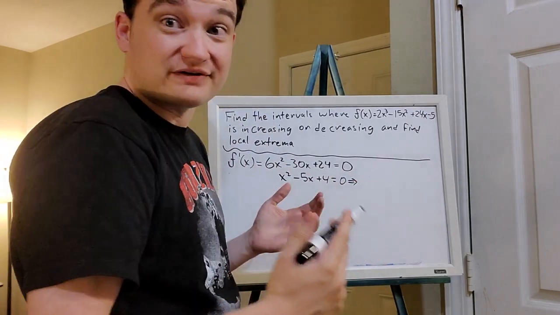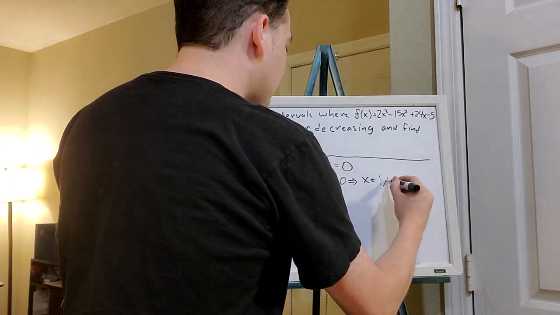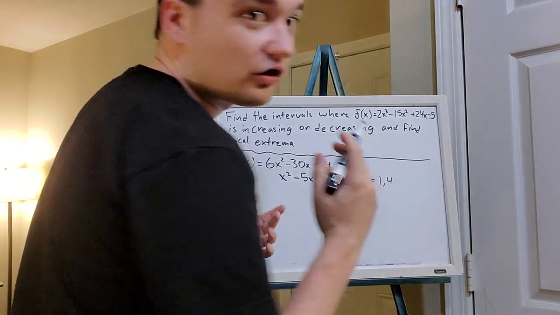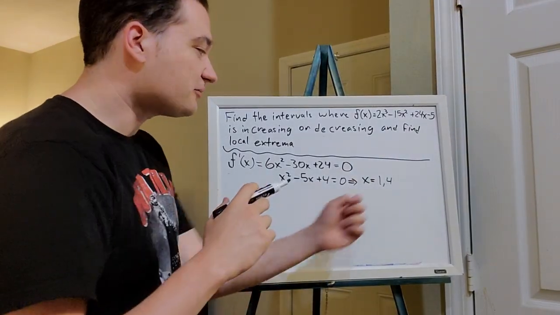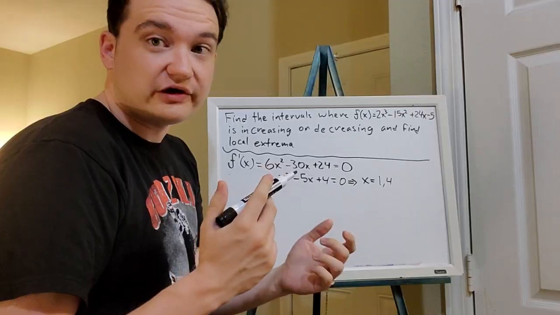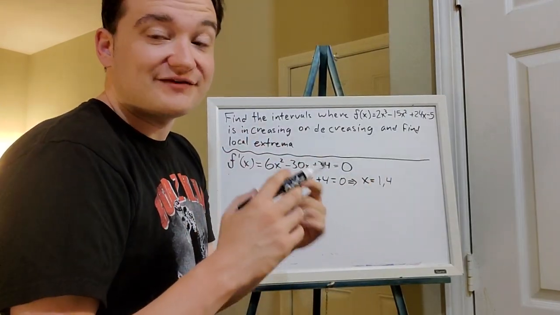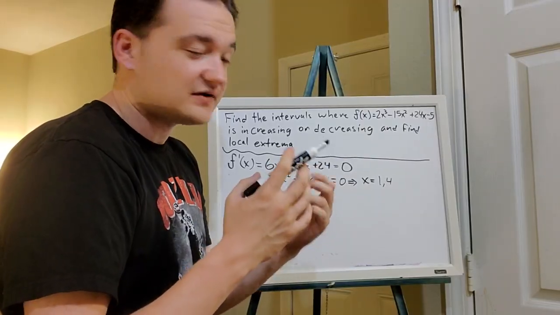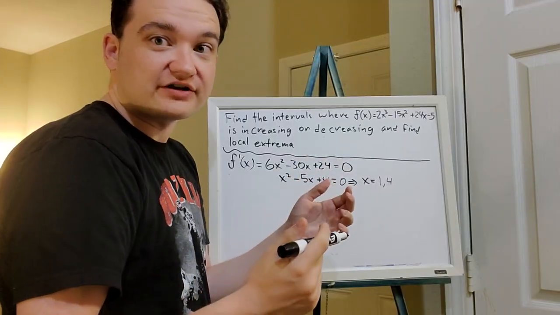And by the same math we did earlier, this implies that x equals 1 and x equals 4 are critical points. These are places where our derivative equals 0. These are places where our derivative can change from positive to negative, because if our derivative is at 0, then we can tip one way or the other.